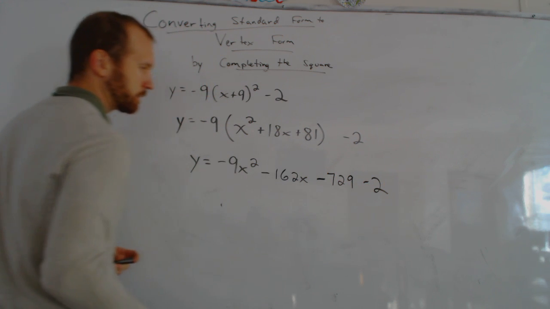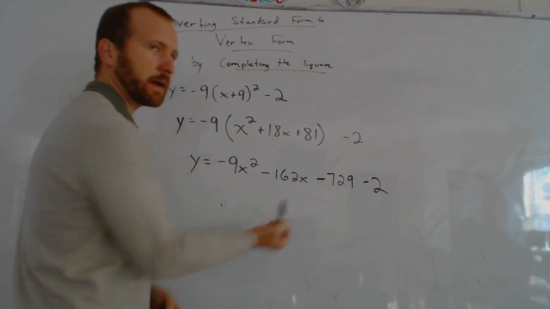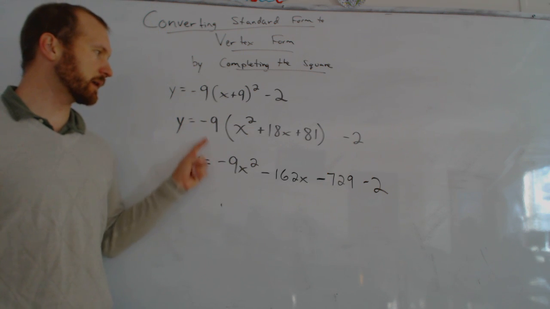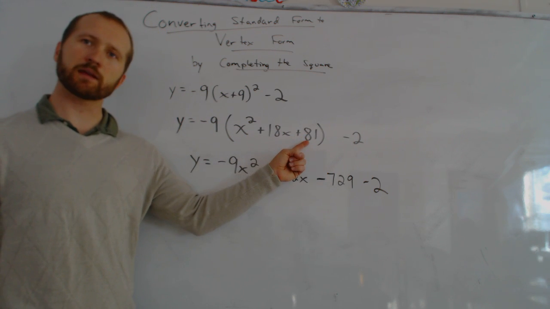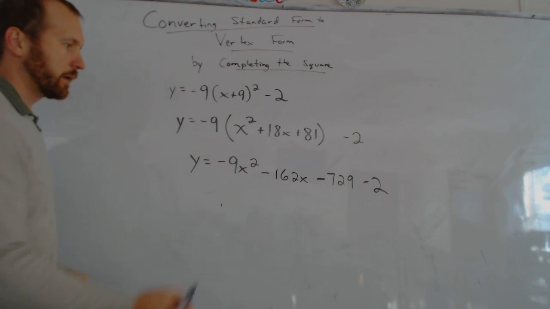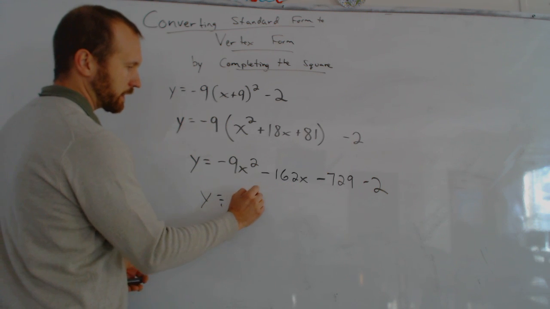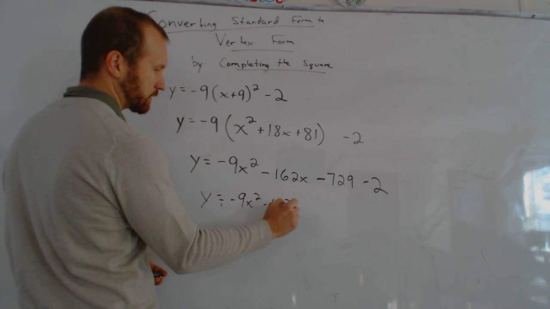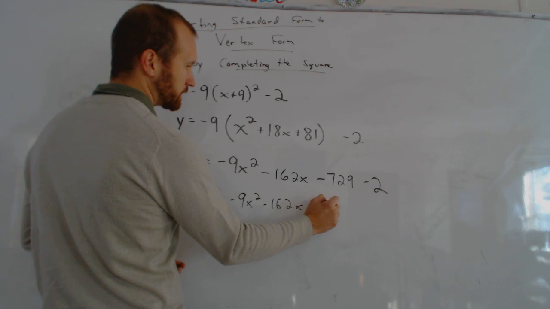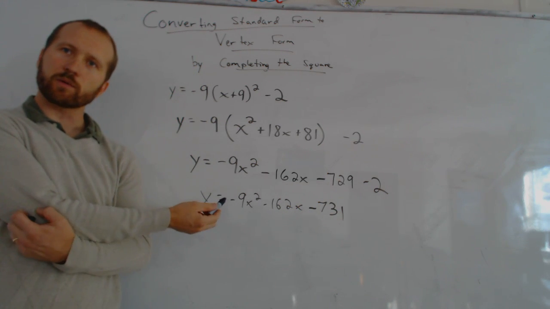Minus 2. So look, there's that 729 that I had in the other problem. That was the negative 9 times the 81. And then when I combine this, y equals negative 9x squared minus 162x minus 731.